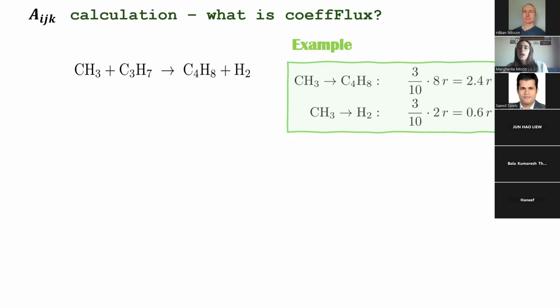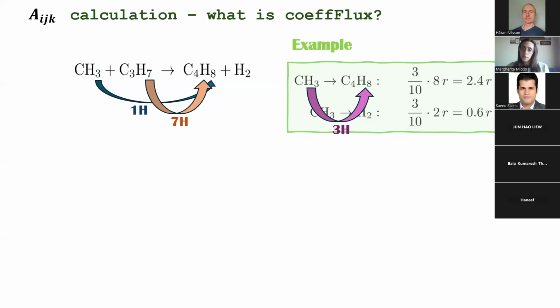We calculated the Aijk in this way, but what is happening if we calculate it in this way is that we consider that all the hydrogen in the species CH3 will all of them move to the species C4H8, while this is not what is really happening, because what is really happening is that only one of these hydrogens will go to this product, to the C4H8, and the other 7 hydrogens are coming from the second reactant.